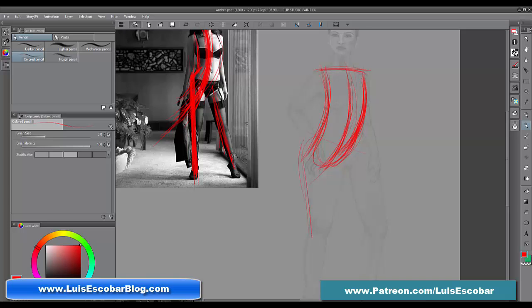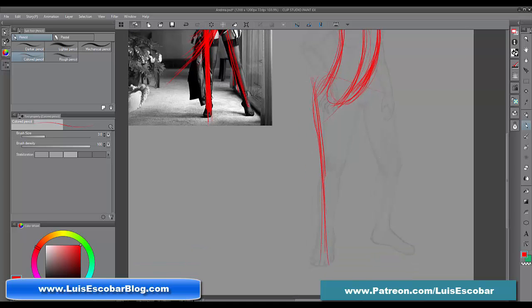So then we're coming down here. Bam. And notice I'm not breaking up this leg into the knee and the legs and all that stuff. That comes later.